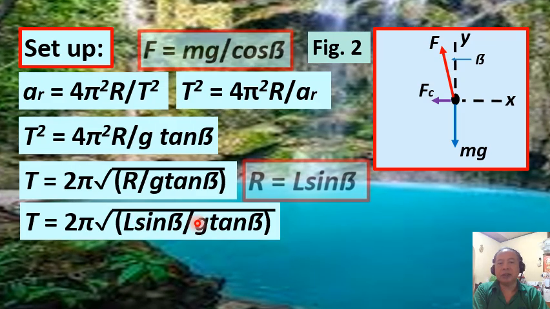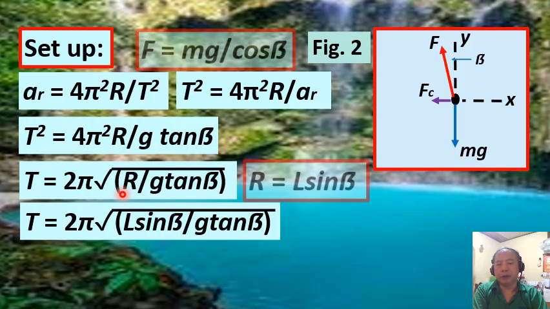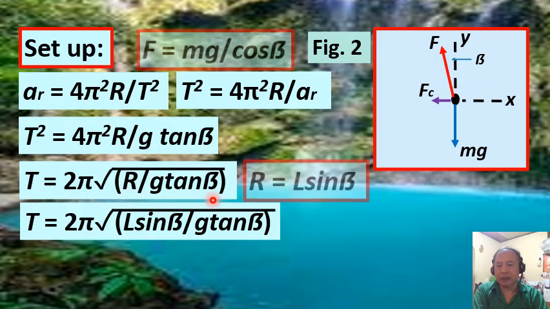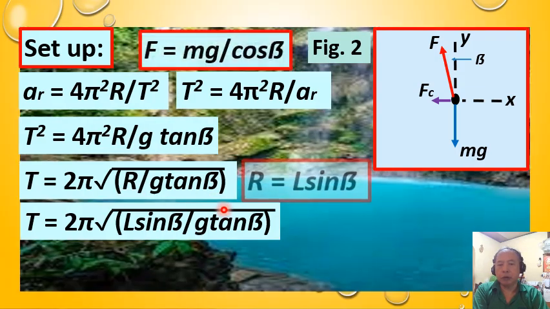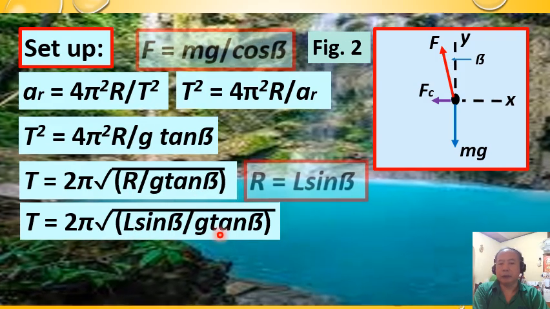We do this because we don't know what the radius of the circular path is. It's not given in the problem. So we want it expressed in terms of the length of the wire, capital L.